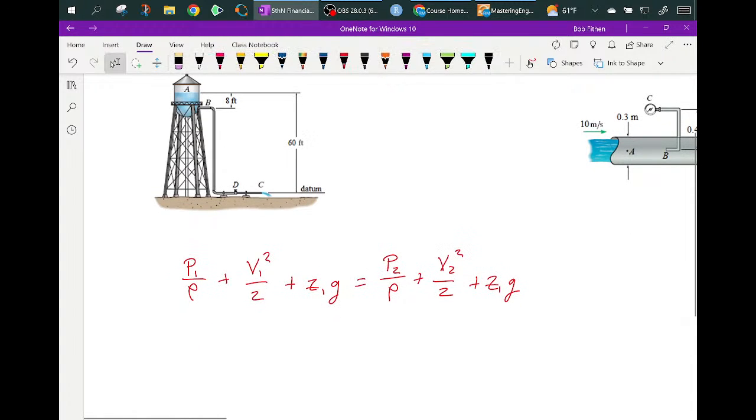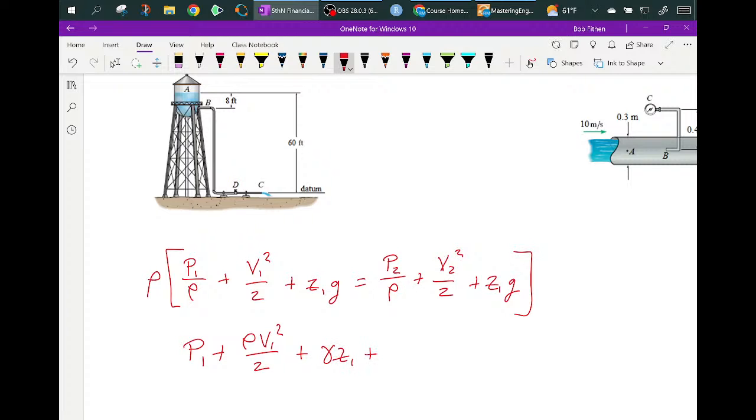because generally speaking, the density remains the same throughout the whole problem here. So if you took a density and multiplied it times everything, you would get P1 plus rho V1 squared over 2 plus gamma Z1 equals P2 plus rho V2 squared over 2 plus gamma Z2.